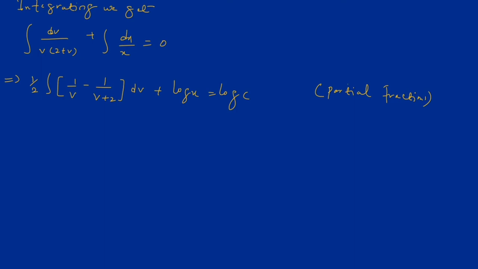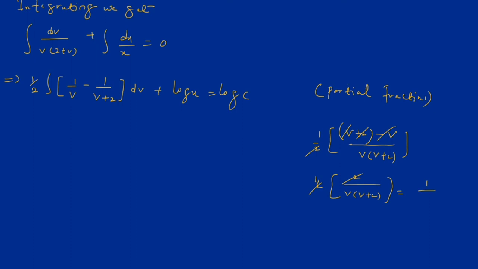If you cross multiply, in the denominator the LCM is v (v plus 2). The v gets cancelled, and v plus 2 minus v gets cancelled, the remaining is 2 over 2, so the remaining term is 1 upon v (v plus 2), right?